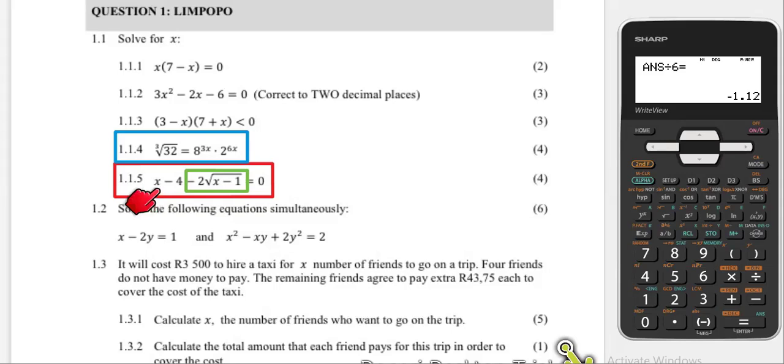I'm left with x minus 4. I've got x minus 4 equals 2. That 2 goes with the square root, so it becomes positive 2, times the square root of x minus 1. There we go. And then the square root is standing on itself on the right-hand side.